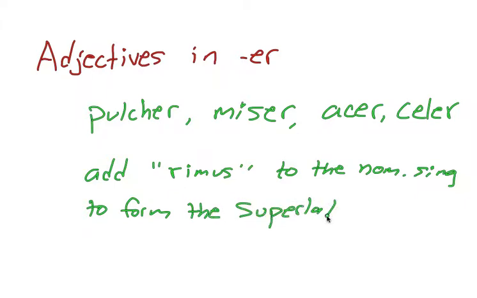The comparative doesn't change. You just take the base and add IOR or IUS for the neuter. But for the superlative, you add rimus to the nominative singular.